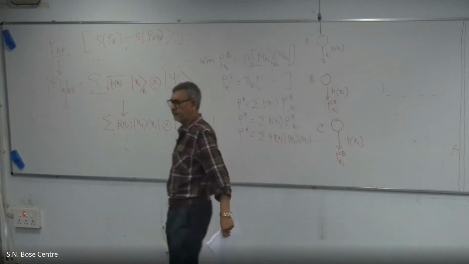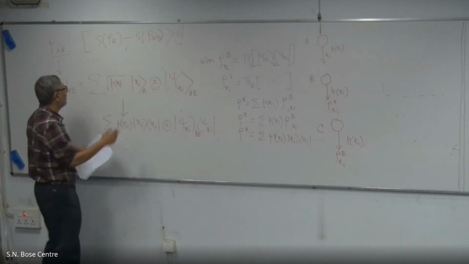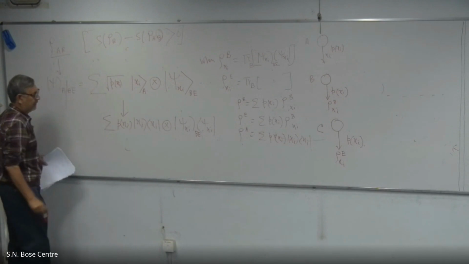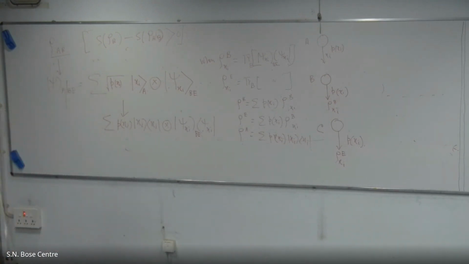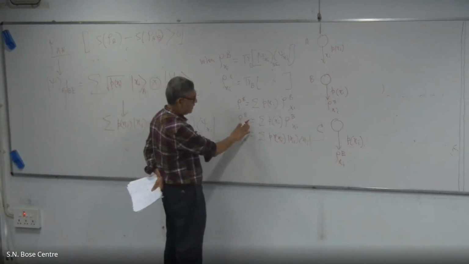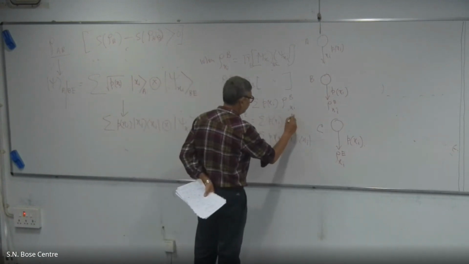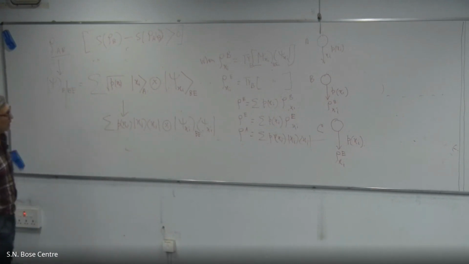So if you take a large number of these states, rho is the sum of pxi rho xi. Yes, second line should be rho xi, thank you. You can think of it like this.